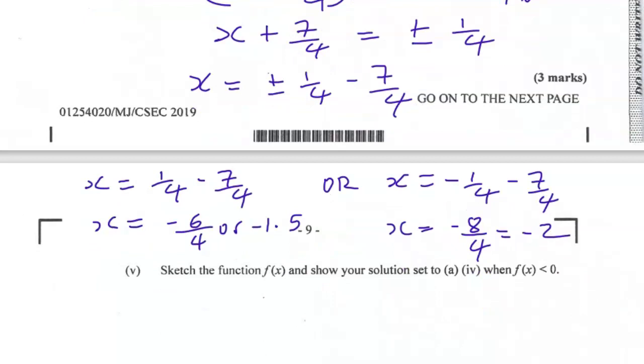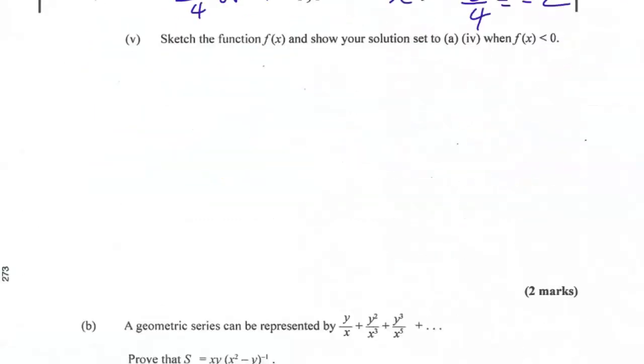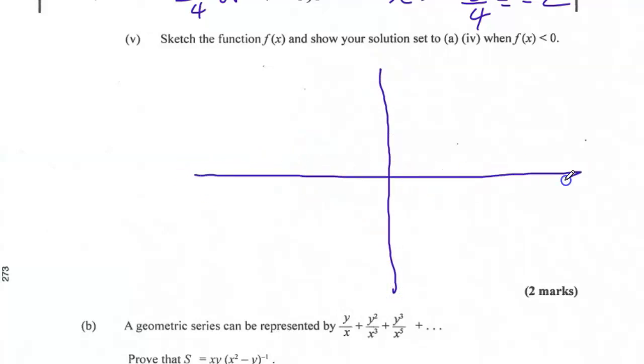Next, we're asked to sketch the function and show your solution set when f of x is less than 0. Alright, so let's do a sketch. Of course this graph would have a maximum because remember the coefficient of x squared, a, was a negative number.